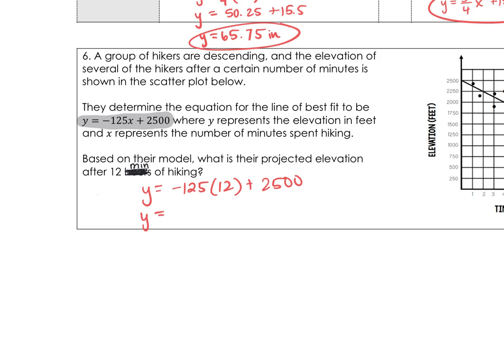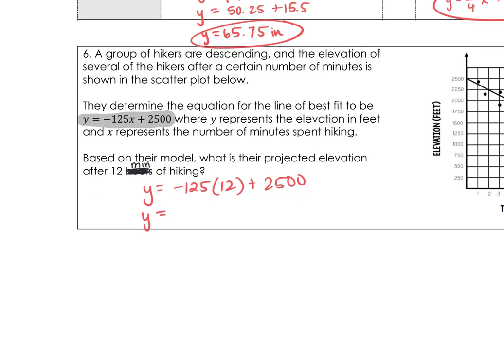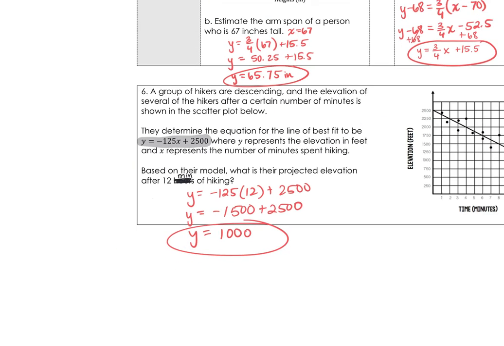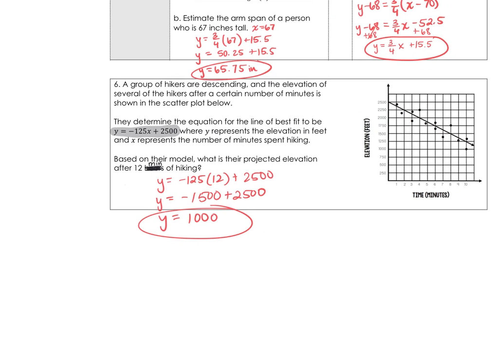When you multiply, it's just negative 1,500 plus the 2,500. When we add those, we get that they would be at an elevation of 1,000 feet, which definitely does make more sense because 1,000 feet would be right here, and this is where we're at 10 hours. So yeah, it makes a lot more sense based on what the data is doing.